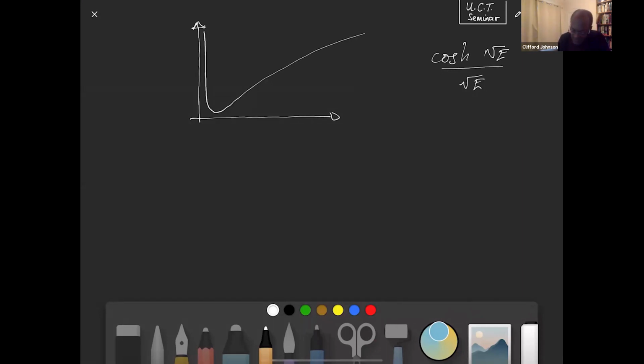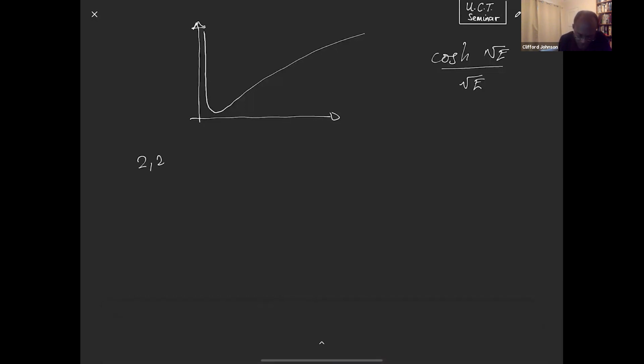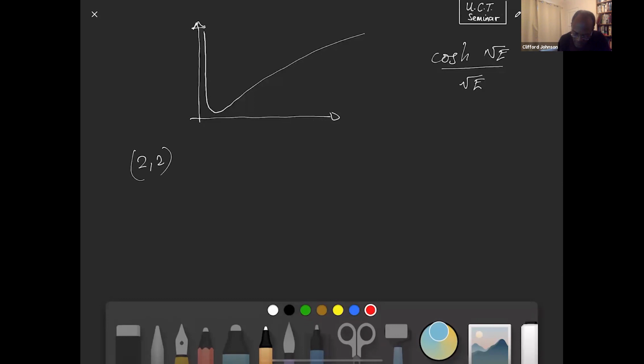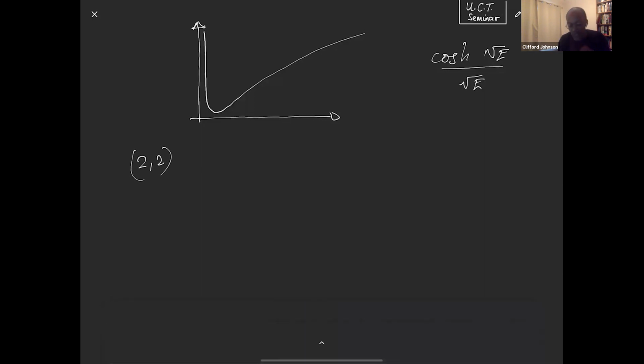What happens is that in the 2-2 model, which is my favorite because it's more well behaved, the non-perturbative corrections kill that tail completely. In fact, it's even more dramatic than this, and it's one of the reasons that I focus on these two models.